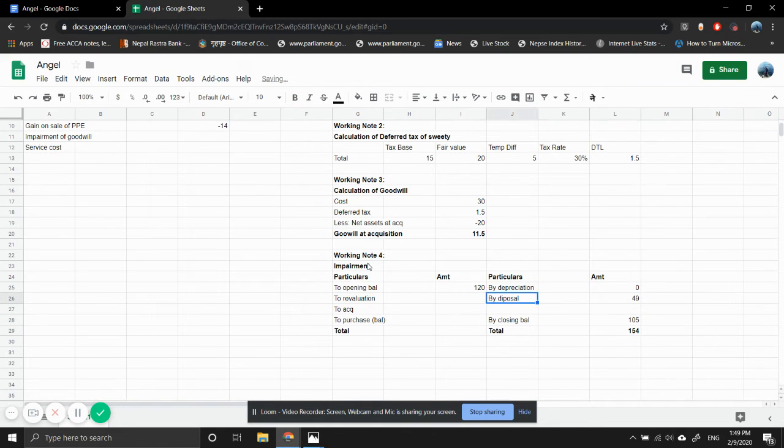There won't be any revaluation. There will be a few purchases as well, which will basically be the same figure. And then was there any impairment? I think we are not given impairment, isn't it?